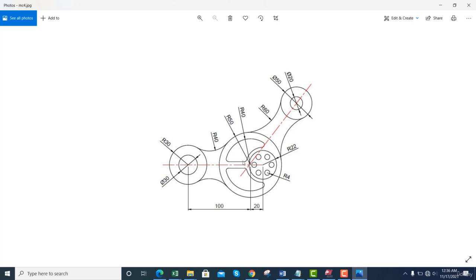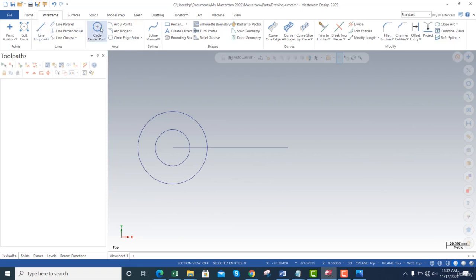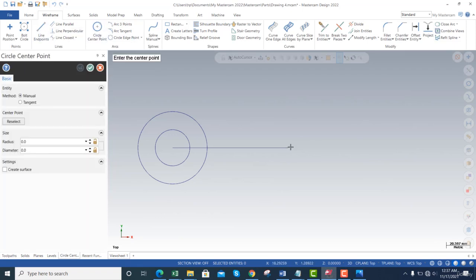Now at this end we have circles of radius 30, radius 50 and radius 40. So let's do it. Radius 40, add another operation of radius 50.